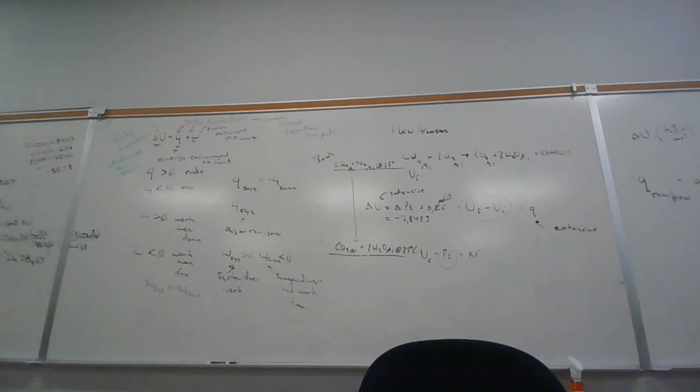Here we have 7 moles of oxygen gas. 7 moles of oxygen gas at around, let's say, 24, 25 degrees C is going to be how many liters? This is at constant volume, right? 24.5. Yeah, around 24, 25 liters per mole. So times 7, it'd be like 175 liters.